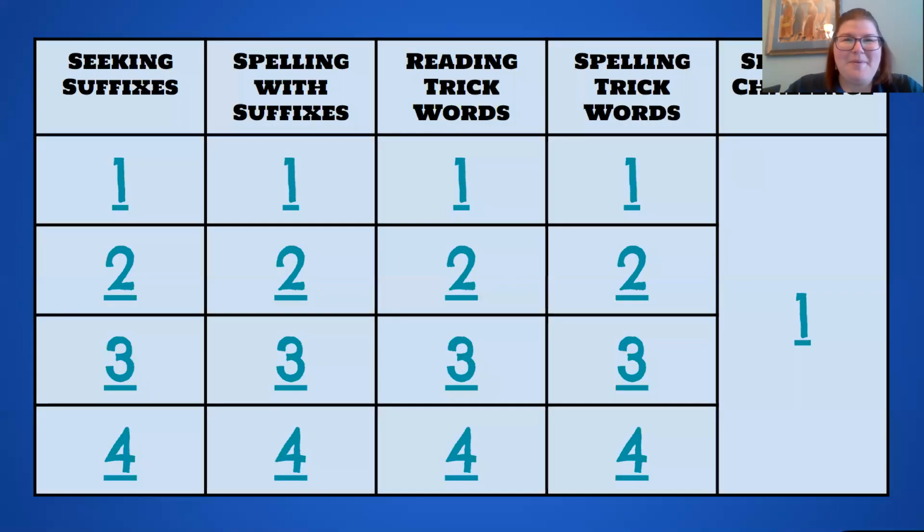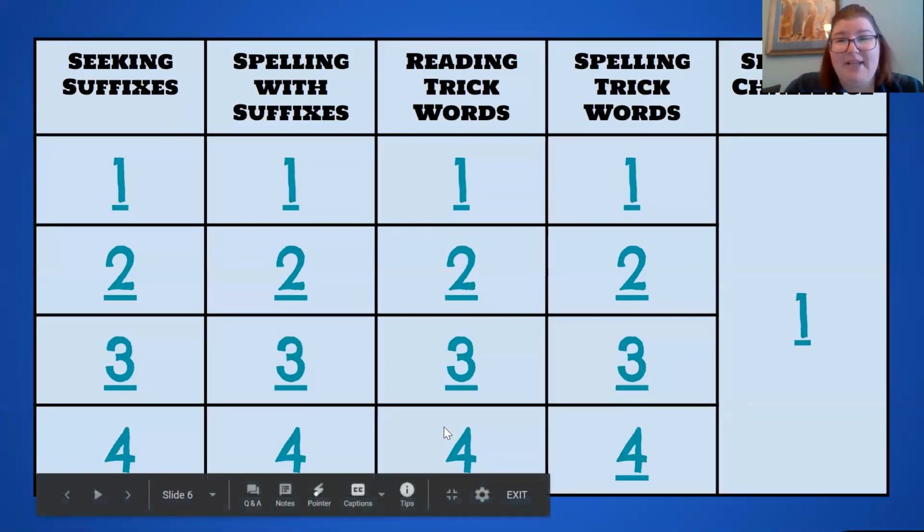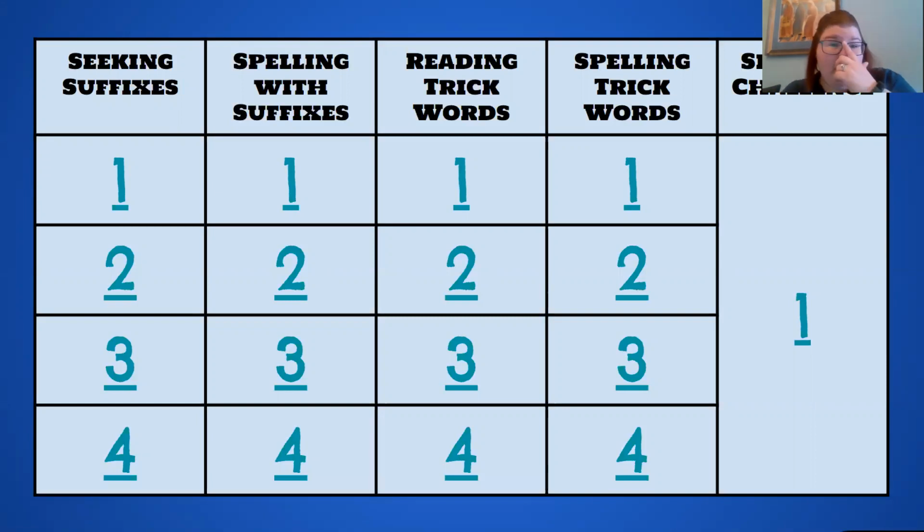All right. Welcome back. We are going to go ahead and do lots of different types of reviews. So the first thing is you see that there are different categories here with different numbers. These are all the skills that we are going to be practicing today to get ready for our test.